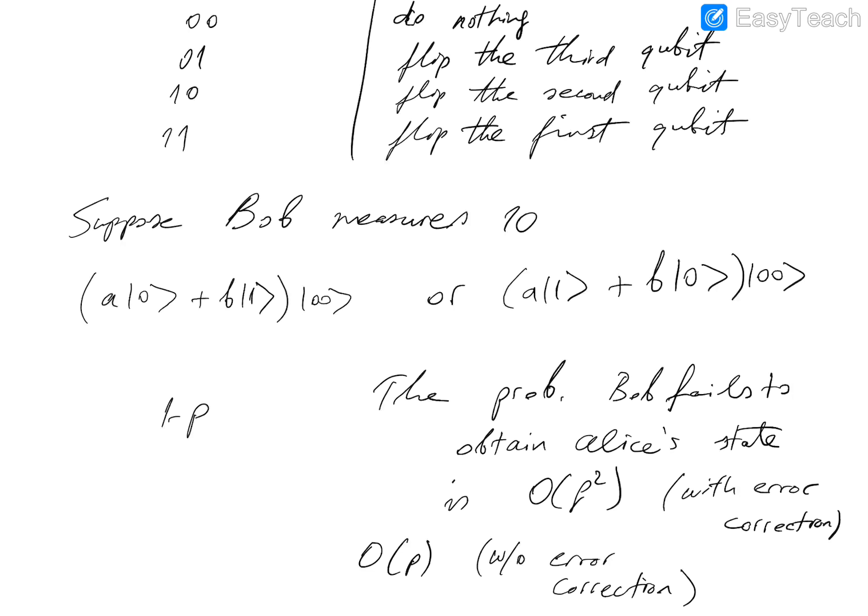So of course with more qubits we apply the same idea here and we get better noise suppression, and the success probability will increase exponentially. Okay, so this is how the bit flip model works.